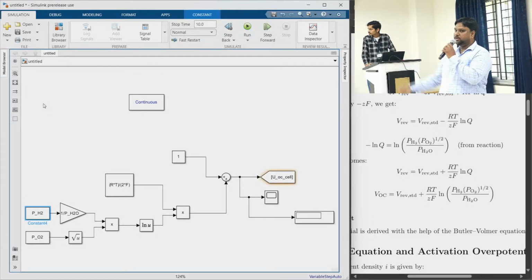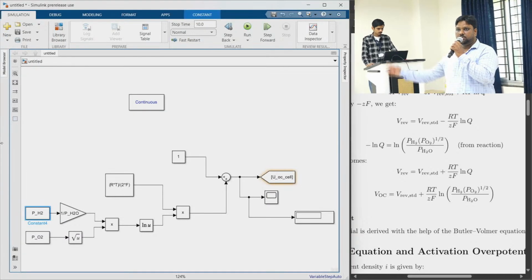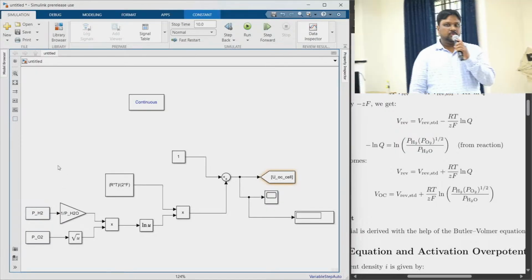Variables you carefully note down, capital, small. We'll define them in the .m file.